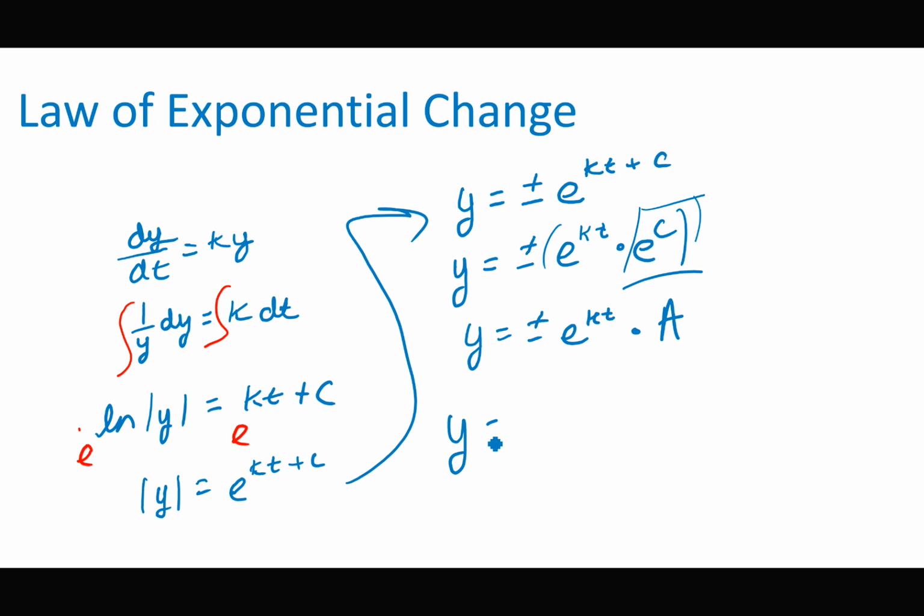Ultimately, a is just a variable, so I'm going to say a times e to the kt, and I'm not worried about the sign because e raised to the kt is only going to be positive. I can only get a positive number out of that. So this is the law of exponential change.